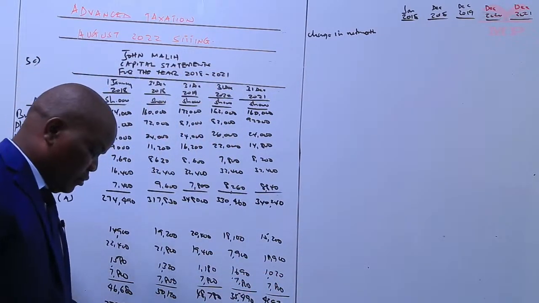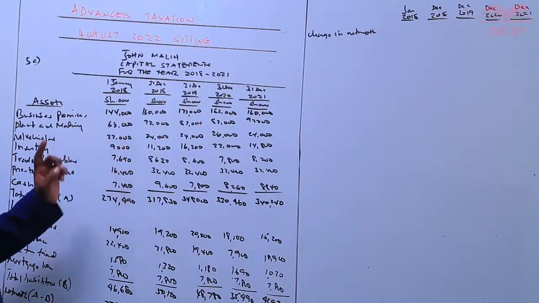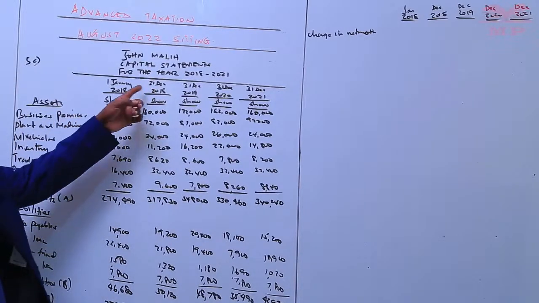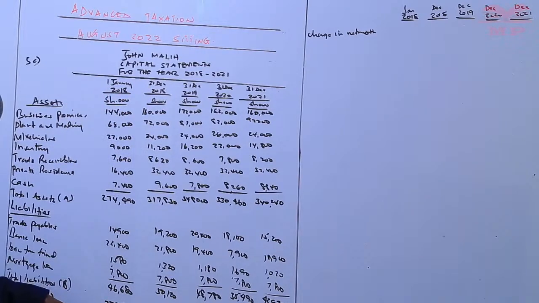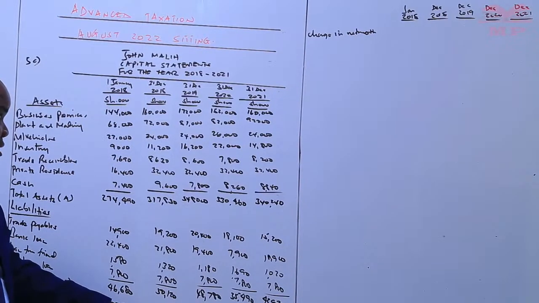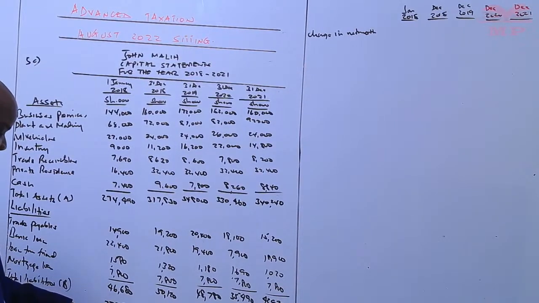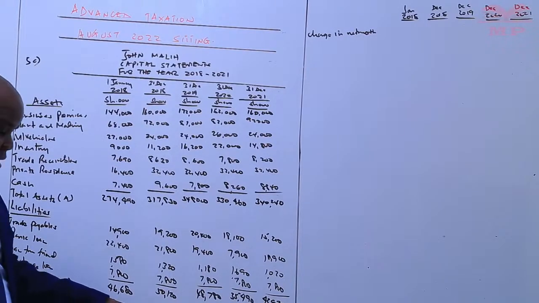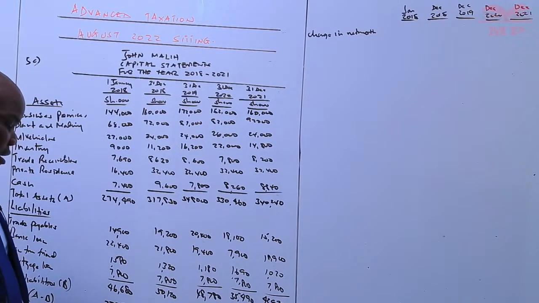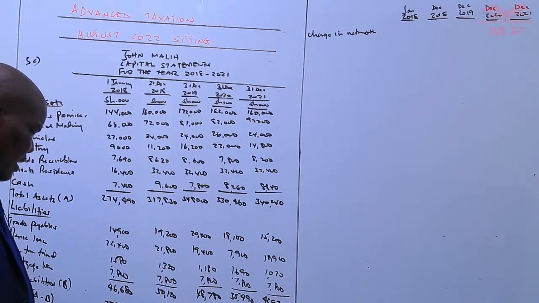So what we do is simple. Like we have 2018 here, December and January. We compare the capital of the firm as at 2018 December with that capital as at 2018 January. The difference between those two figures will tell us what happened during this particular year.